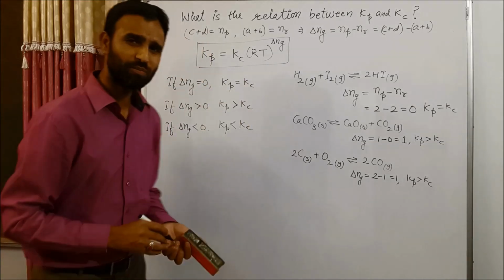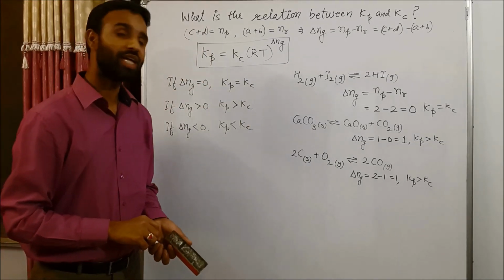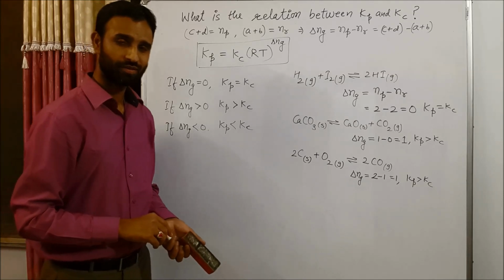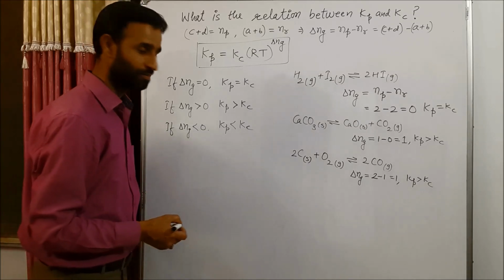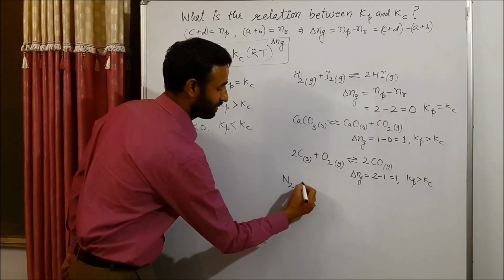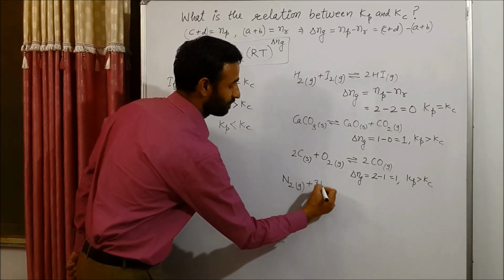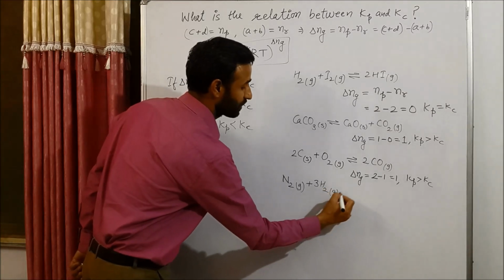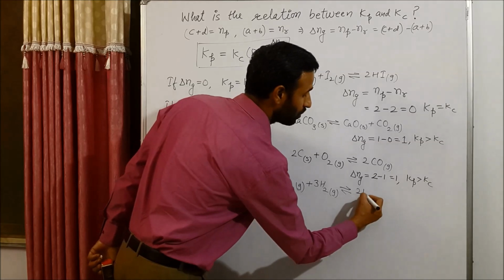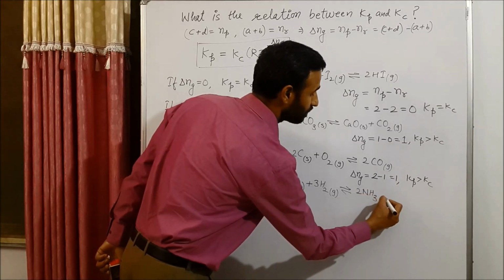Can you give any example in which Kp is less than Kc? Think about it. So this can be a reaction like this, N2 gas plus 3H2 gas to 2NH3 gas.